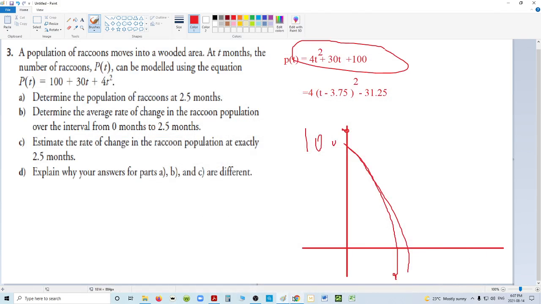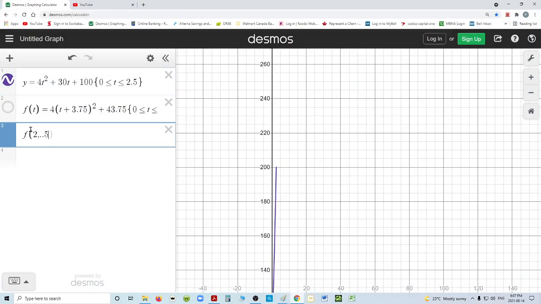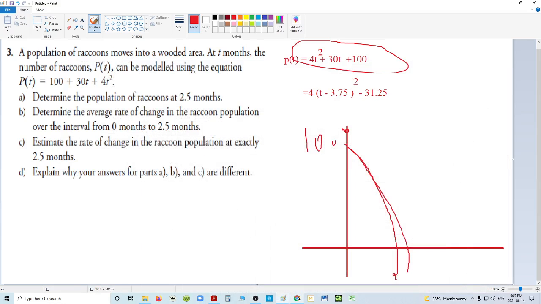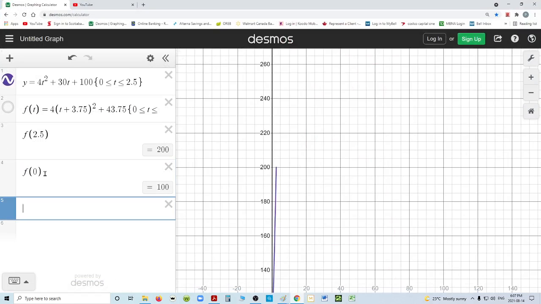Determine the population of raccoons at 2.5 months. So that's f. What's f of 2.5? The population is 200, give or take. What's the next question? Determine the average rate of change between 0 and 2.5. Well, we know f of 0 is 100, right? And we know f of 2.5 is 200.